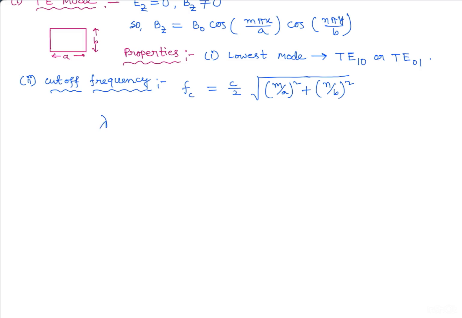Cutoff wavelength lambda c will be c by 2 root over (m by a) whole square plus (n by b) whole square.